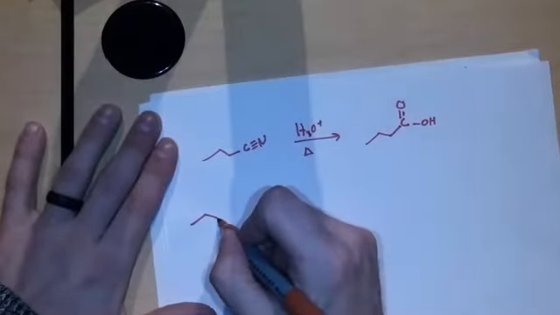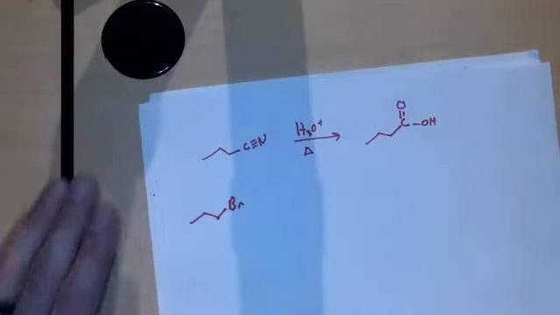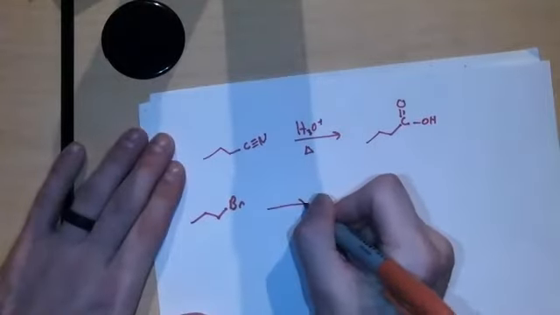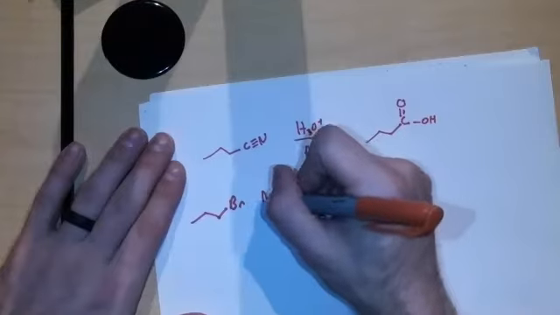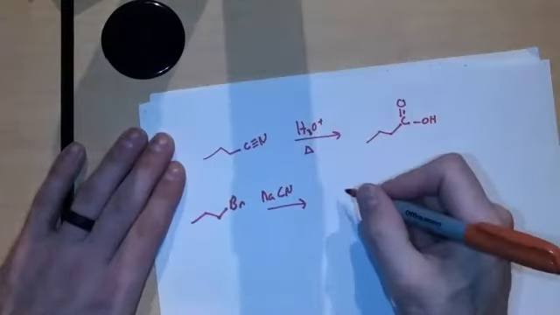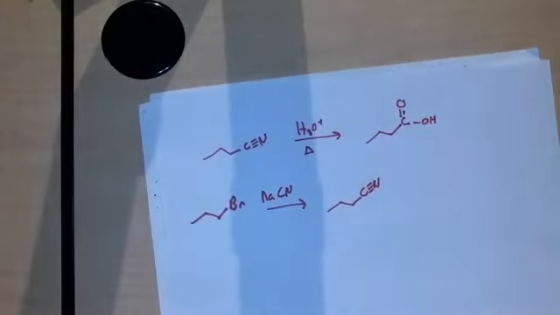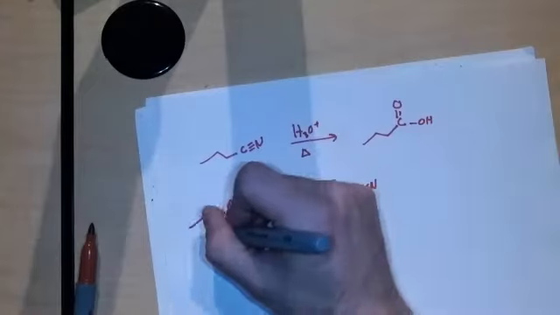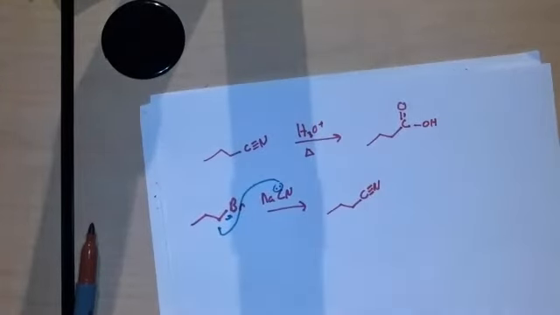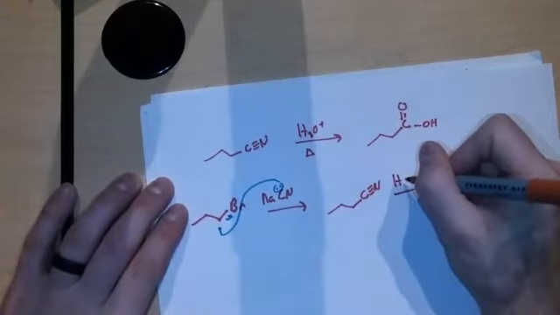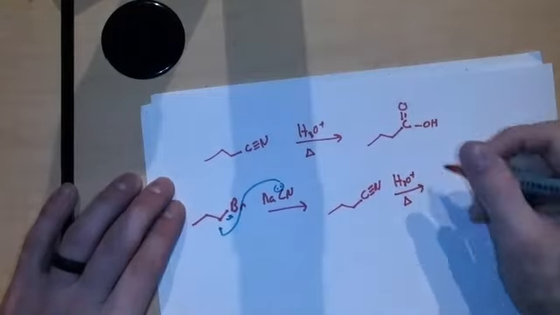So if you took this same bromopropane that we've been doing, and we add NaCN, we can add a nitrile through an SN2 mechanism. So these two electrons kick out bromine. And then from here, we can hydrolyze with H3O+ and heat.